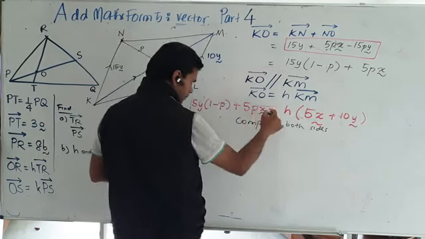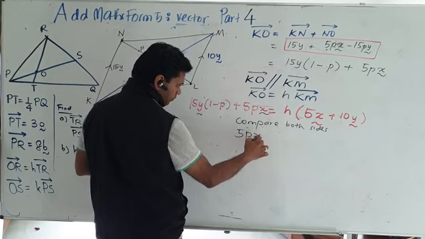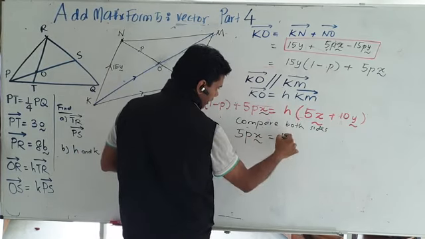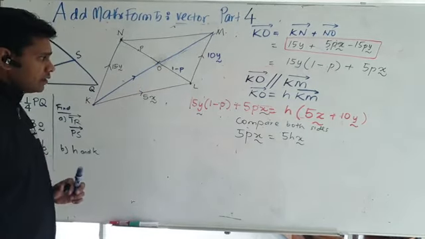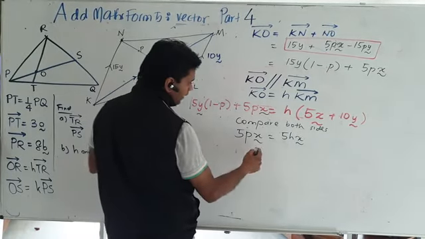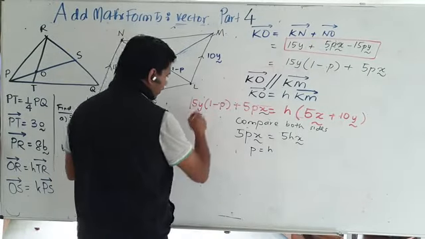The x must be the same as the x value here. So 5px must equal 5hx. From here we can find that P is actually equal to H. Good. Now next, let's solve the y value.